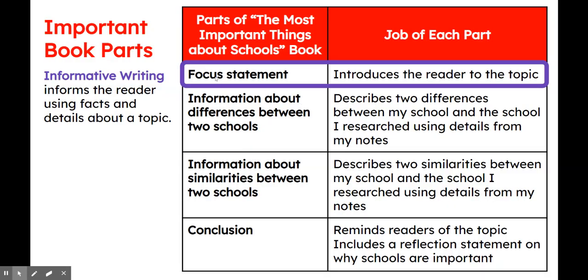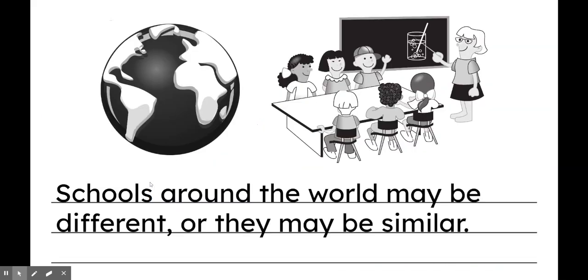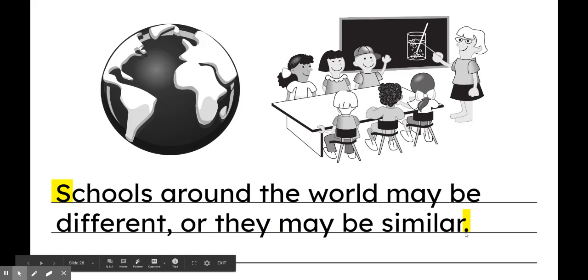All right. So, in our focus statement, we introduced the reader to the topic. So, here's our focus statement. Whenever you write your focus statement, we need to make sure that we have a capital letter when we start our sentences. We also need to make sure we have correct punctuation, whether it is a period, a question mark, or an exclamation mark.